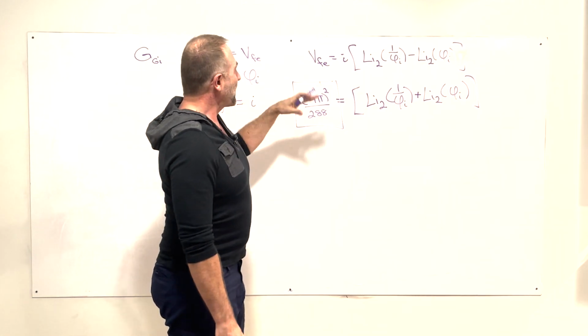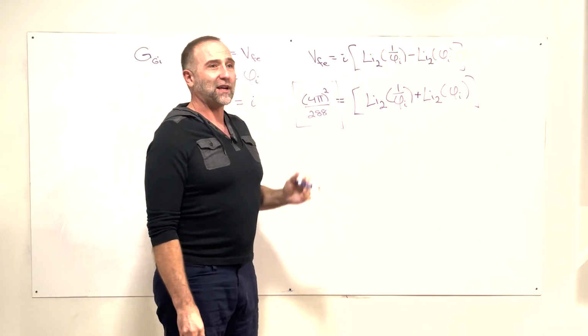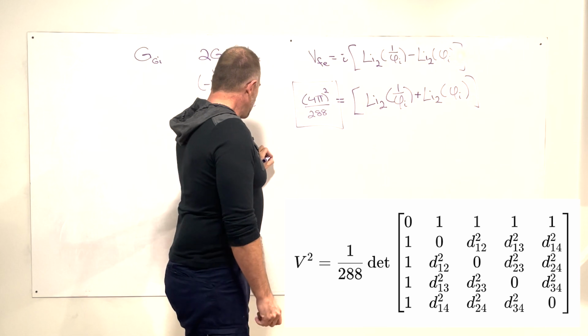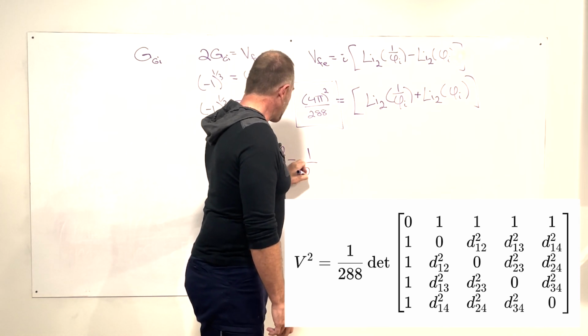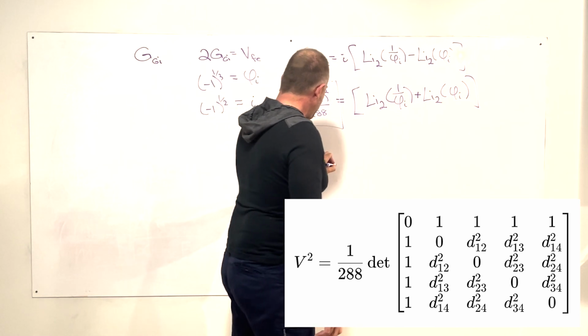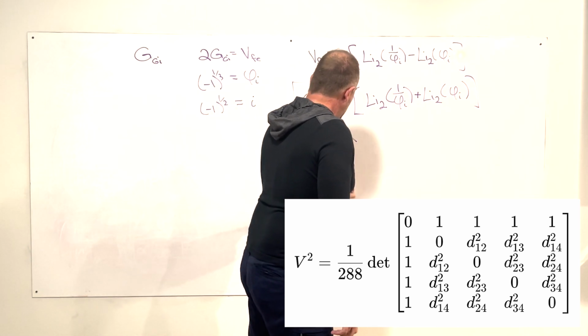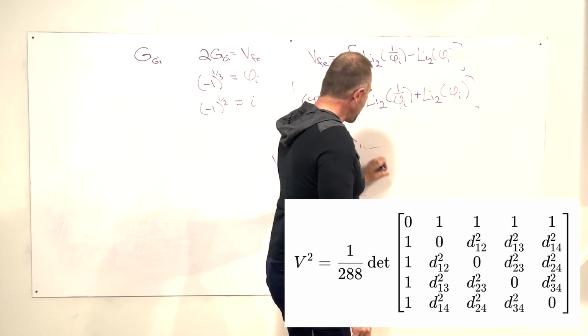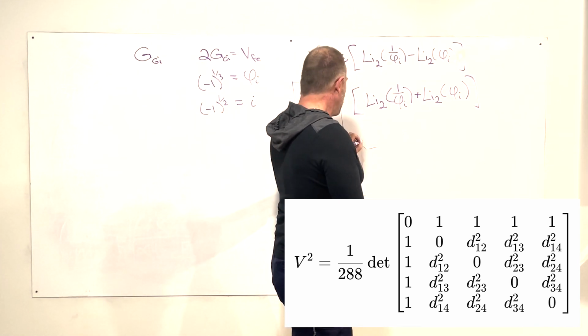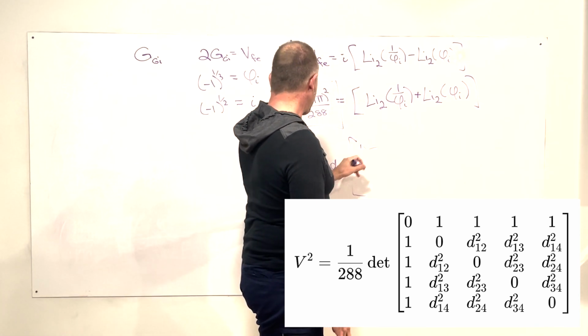And the generalized formula for the volume of the tetrahedron is something like volume squared is equal to 1 over 288 times the determinant of a 5 by 5 matrix, okay, with all zeros down here, so it's invertible, and ones here, so it's a unitary base.